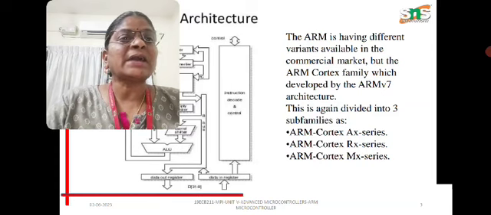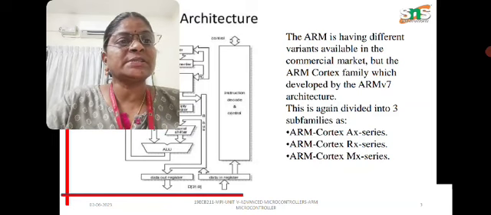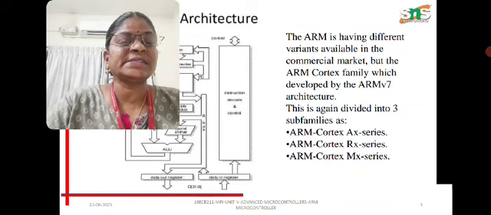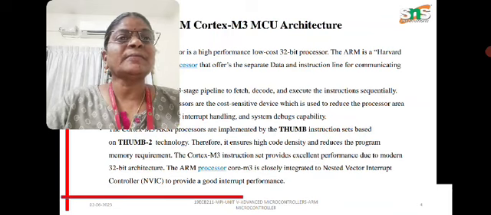ARM has different variants available in the commercial market, but the ARM Cortex family was developed by the ARM v7 architecture. This is again divided into three subfamilies: ARM Cortex-A series, ARM Cortex-R series, and ARM Cortex-M series.